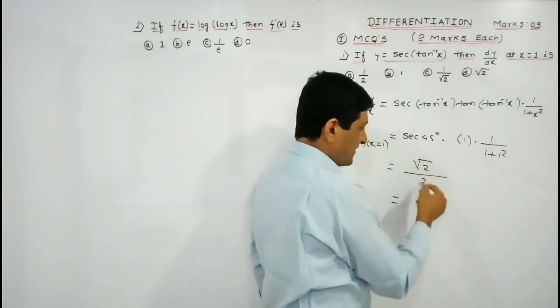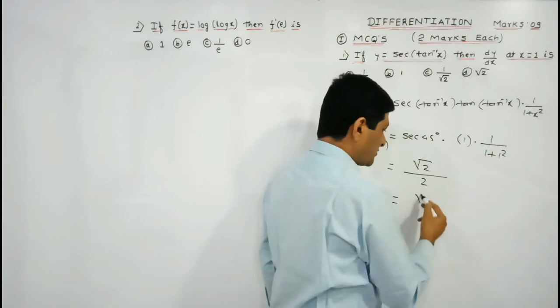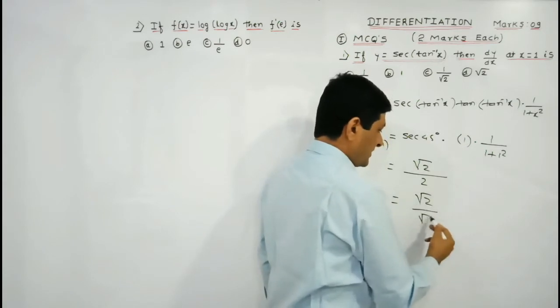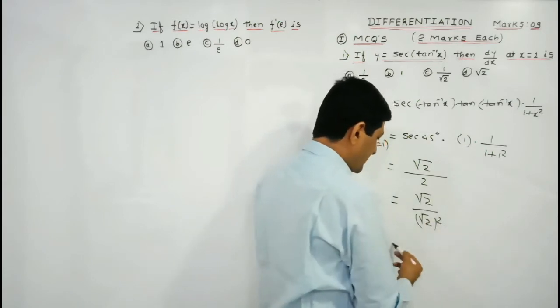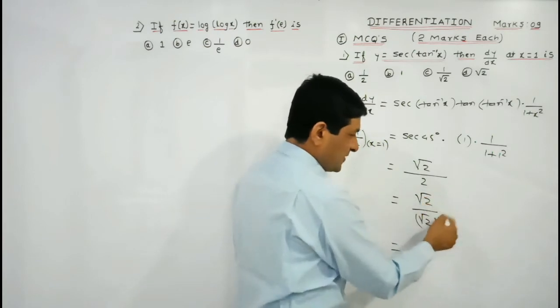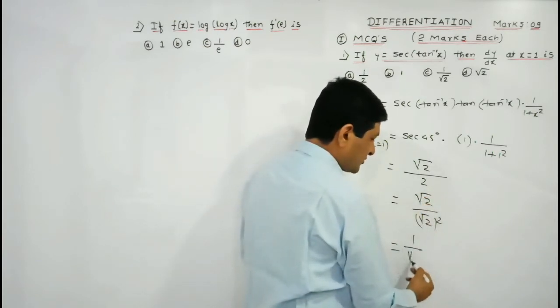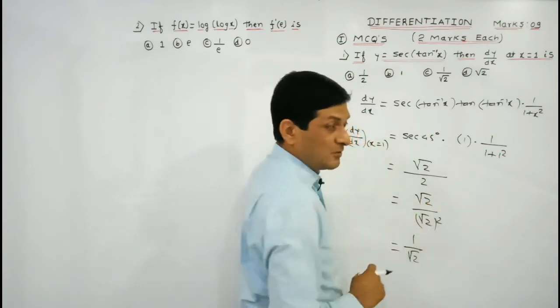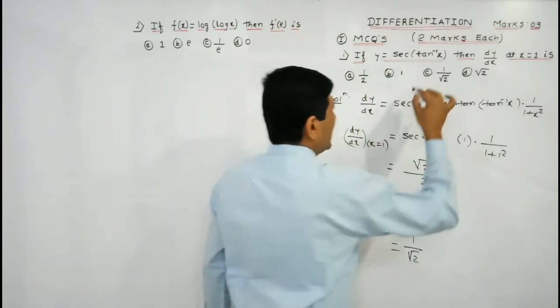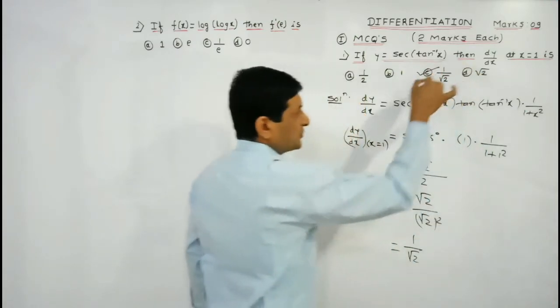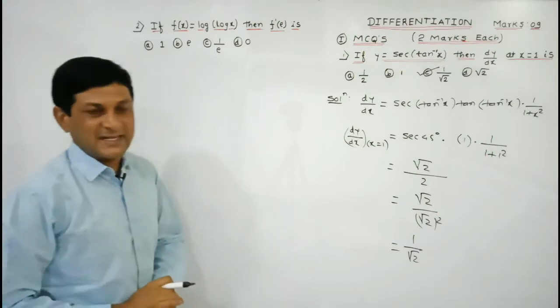After simplifying, 2 can be written as the square of root 2. You have already studied all these things in your earlier classes. So here root 2 and root 2 will get cancelled, and the remaining value will be equal to 1 by root 2. That's why we can conclude that option C, meaning 1 by root 2, is our correct answer.